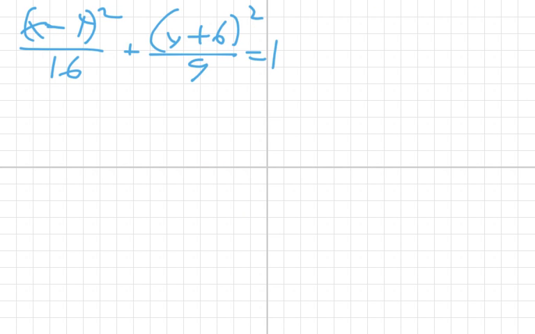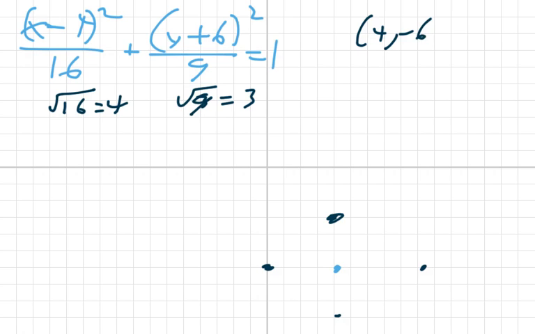In this problem, we are going to start at 4, -6. So 1, 2, 3, 4, 1, 2, 3, 4, 5, 6. I'm going to go 4 to the right and 4 to the left. And I'm going to go 3 up and 3 down, because the square root of 9 is 3 and the square root of 16 is 4.